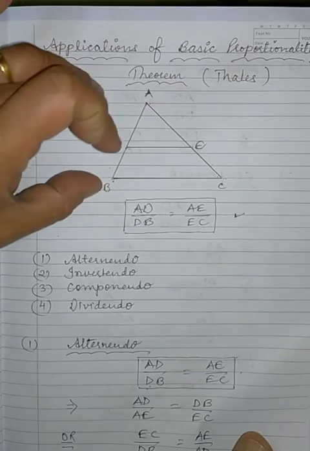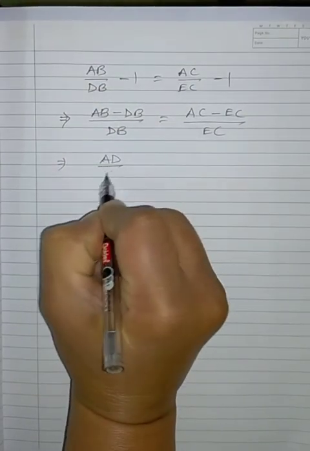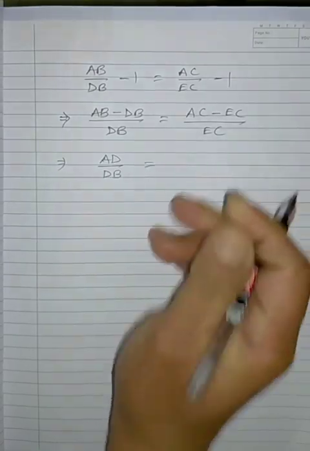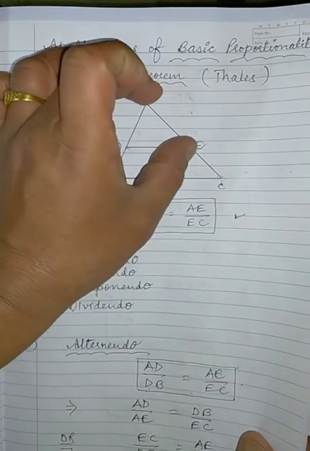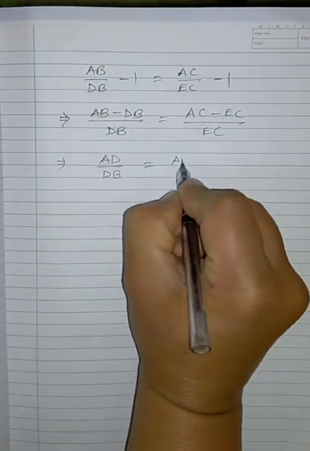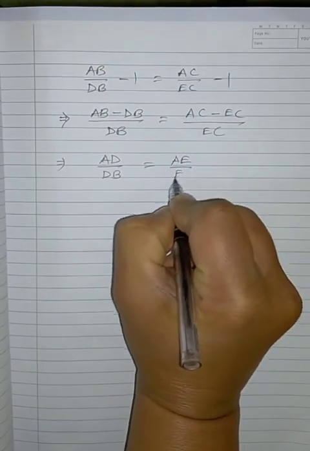So AB minus DB is equal to AD upon DB is equal to AC minus EC is equal to AE upon EC.